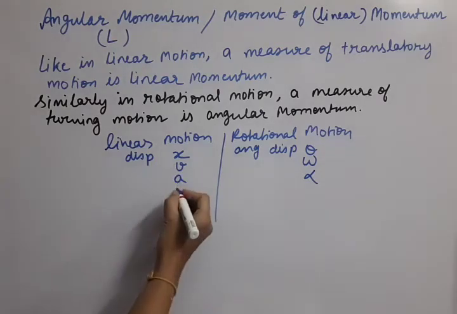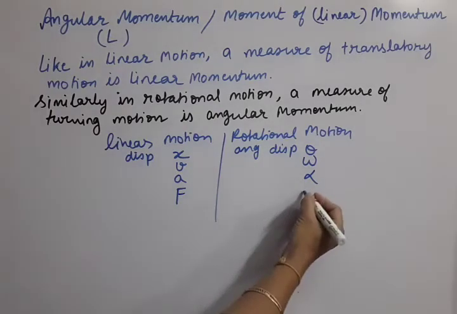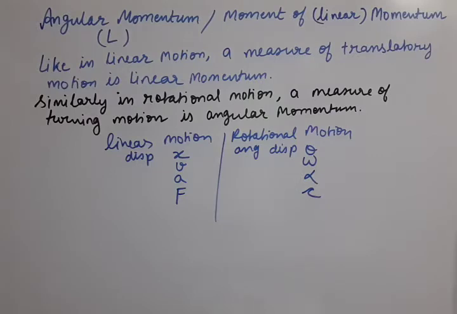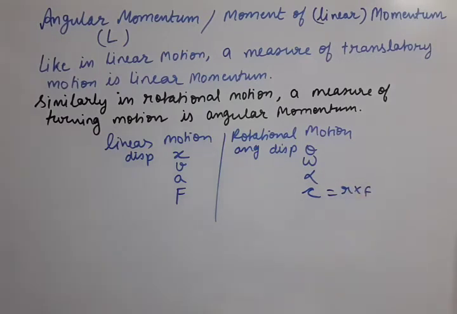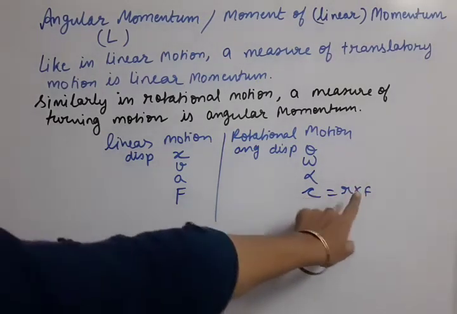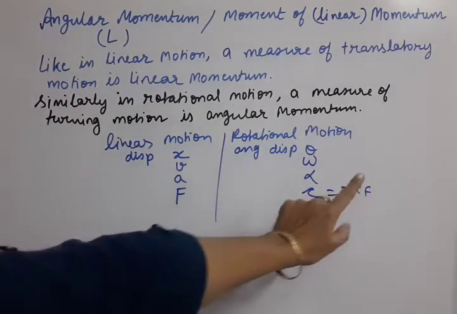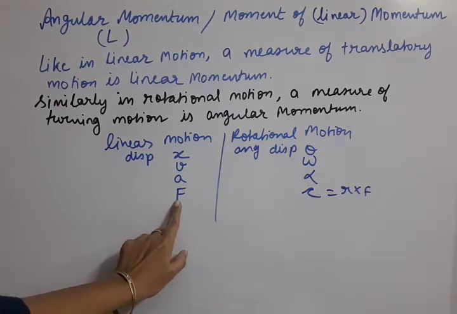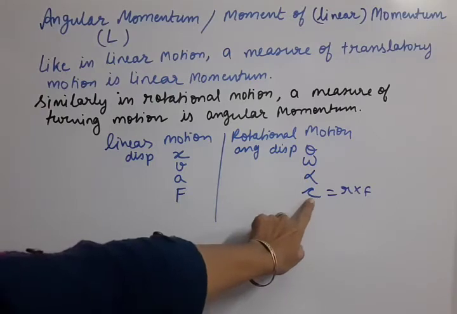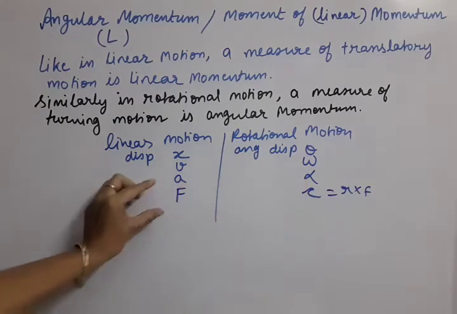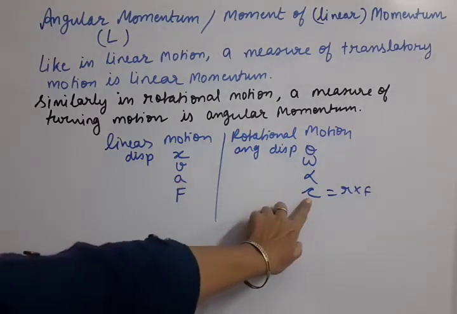As we have discussed, for linear motion, linear force is required. In the same manner, for rotational motion, torque is required. Since the torque formula is R cross F, we can call torque also moment of force. So if in linear motion the quantity is force, its counterpart here is torque. For translatory motion, linear force is required, but for the turning effect, torque is required.